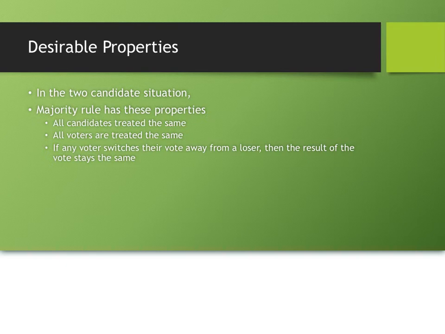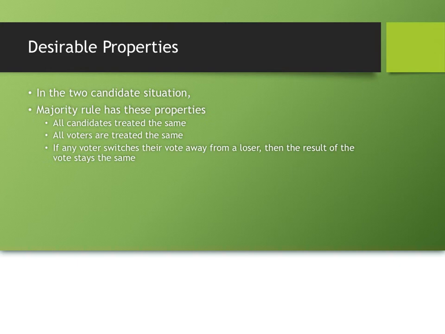And we have this third property as well. If any voter switches their vote away from a loser, then the result stays the same. In other words, if I'm somebody who voted for the losing candidate and I switch, then the result is the exact same after a second vote.